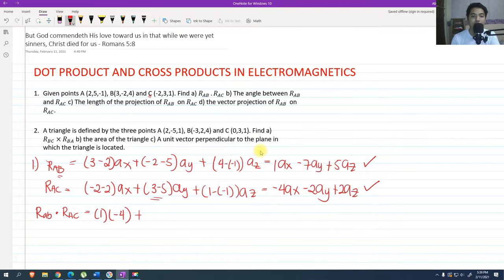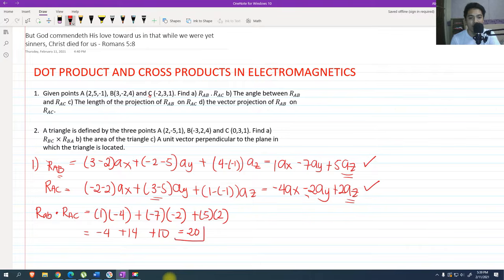Then we add the AY products: negative 7 and negative 2. Then plus, for A sub Z, 5 times 2. Upon evaluating, we have negative 4 plus 14 plus 10, which is equal to 20. So the resulting dot product of R_AB and R_AC is 20.